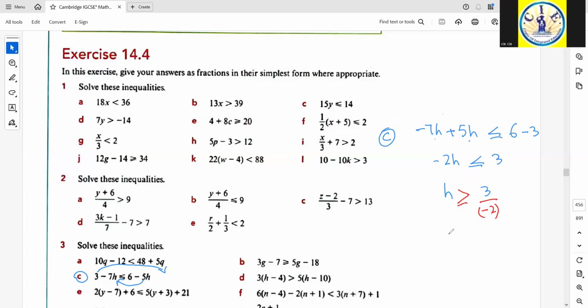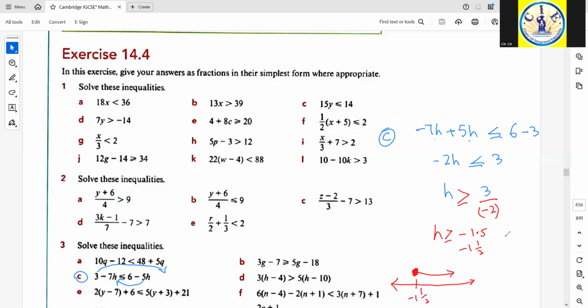So now the value of h is greater than or equal to negative 3 by 2, which is 1.5, or negative 1 whole 1 by 2. So this is it. And drawing it on the number line, if this is negative 1 whole 1 by 2, so the value of h includes this value and values greater than that. So this is how this question is to be solved.